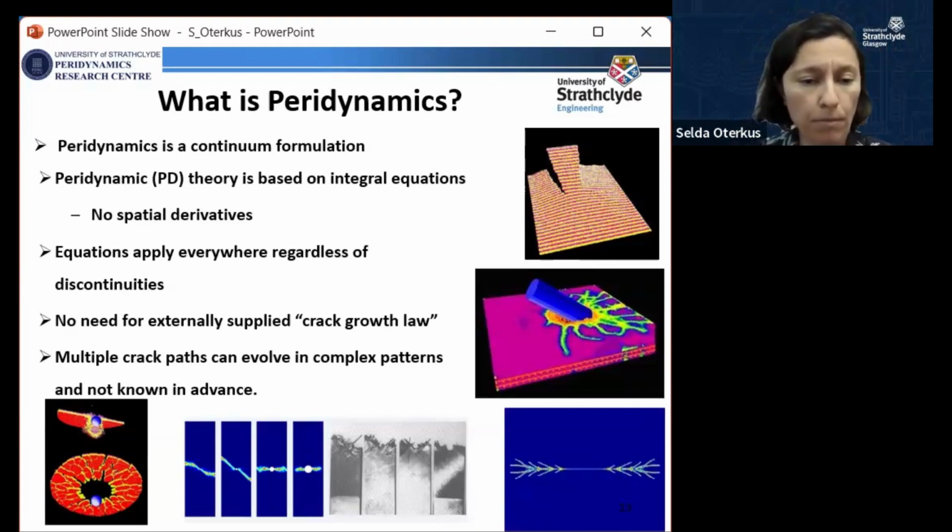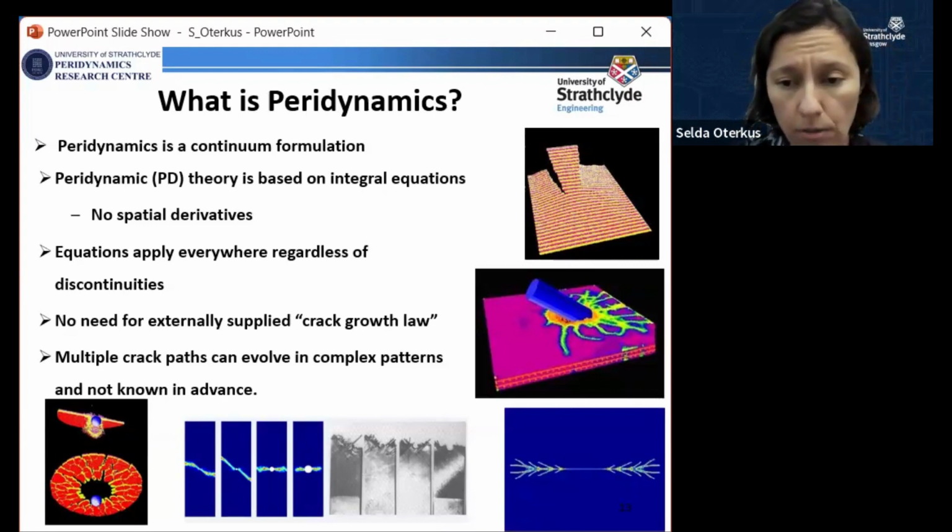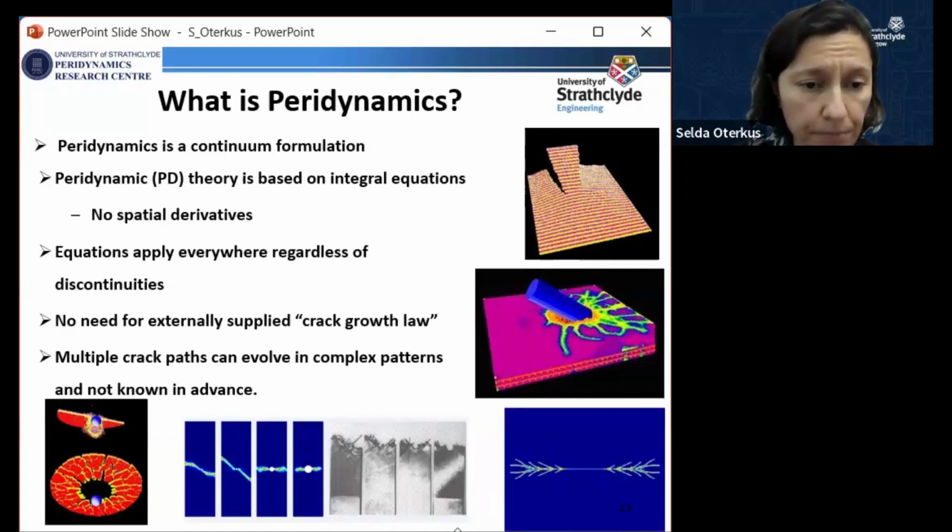So basically, integral forms are much easier to handle when there is a crack in the structure. And we can also easily deal with multiple cracks, and these cracks can easily interact with each other.